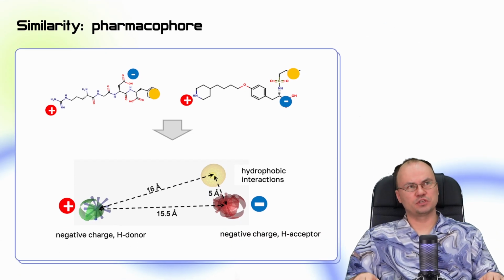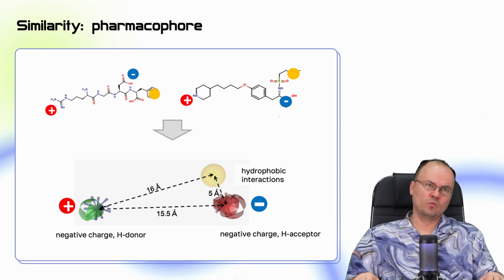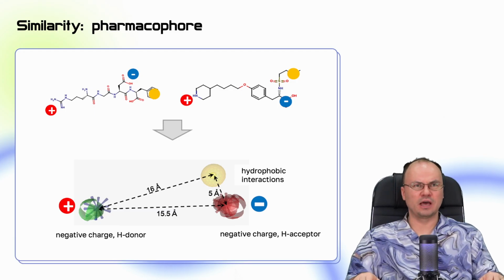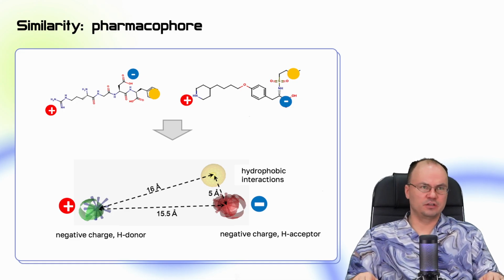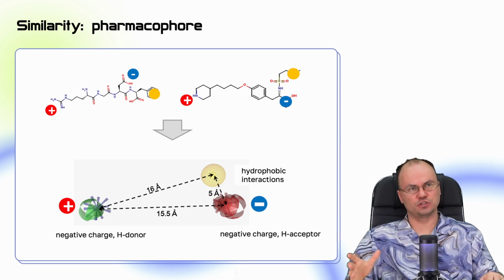And how can we process or analyze the pharmacophore? Here is an example. We implement the geometric analysis of this pharmacophore structure. Usually the pharmacophore structure represents active centers, such as a hydrophobic interaction center, a negative charge center, a hydrogen donor center, and a hydrogen acceptor center.